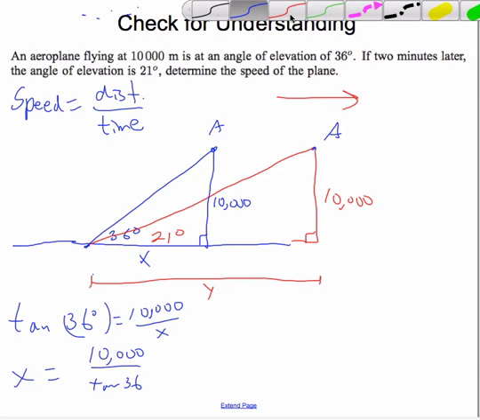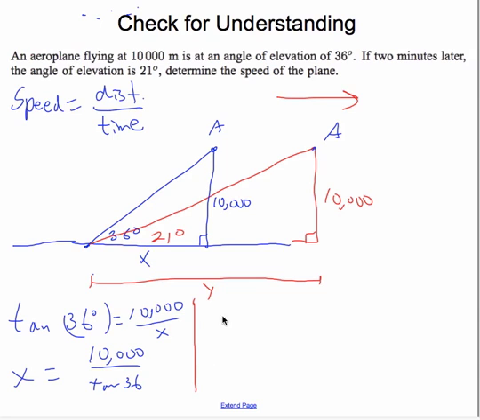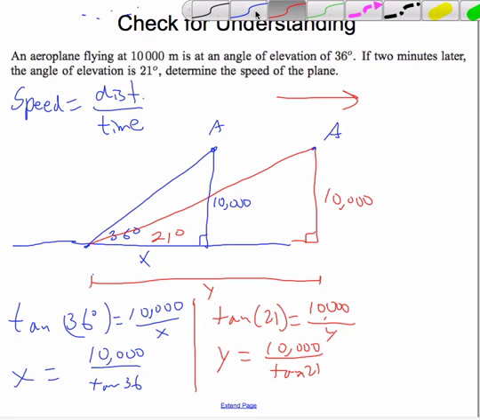And for y, you're going to get tan 21 degrees equals 10,000 out of y. So y equals 10,000 out of tan 21. Okay, let's work out those two on the calculator.